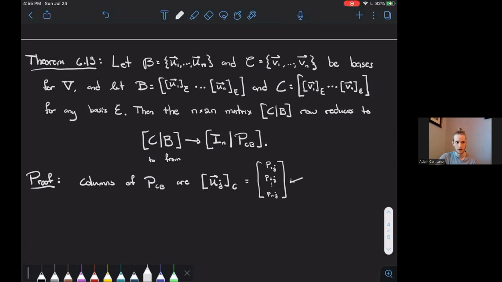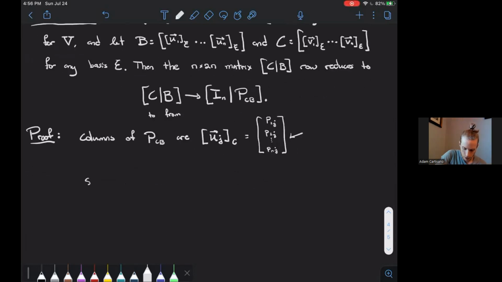These coordinates measure exactly what numbers you have to multiply the basis vectors in C by in order to compute u_j. So u_j itself is quite literally p_1j times v_1 plus p_2j times v_2, all the way up to p_nj times v_n, right?